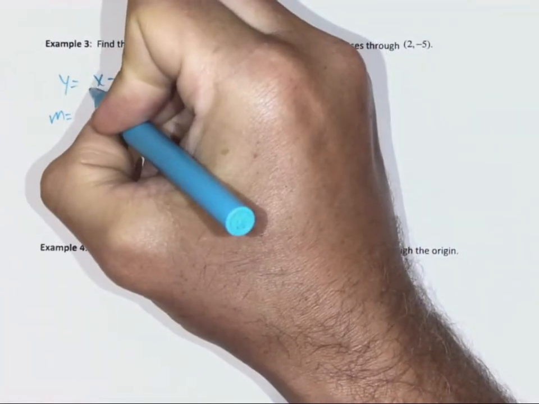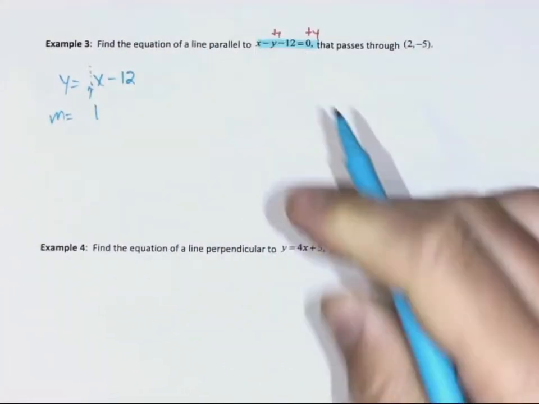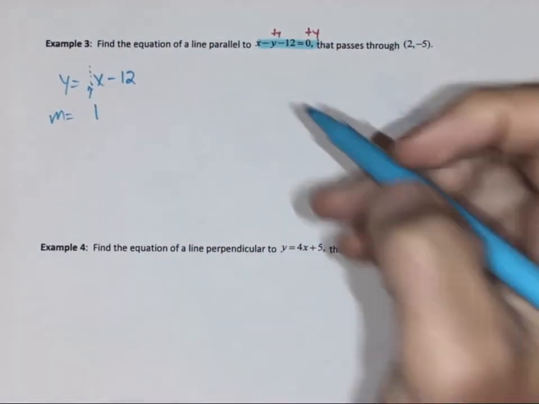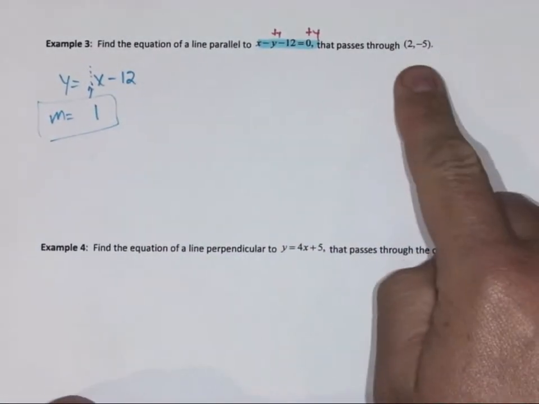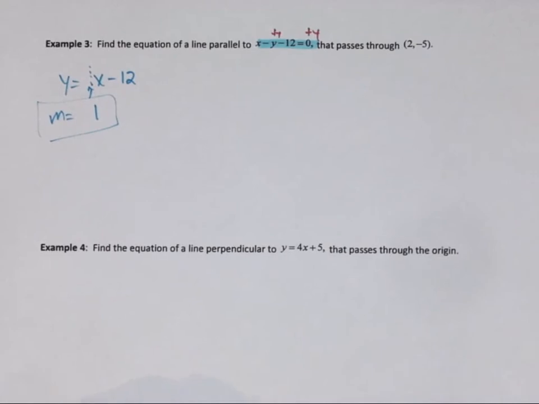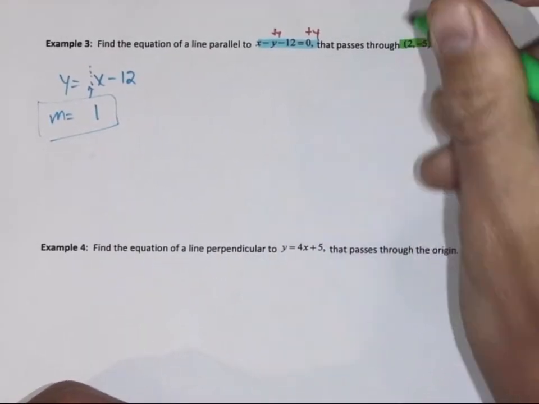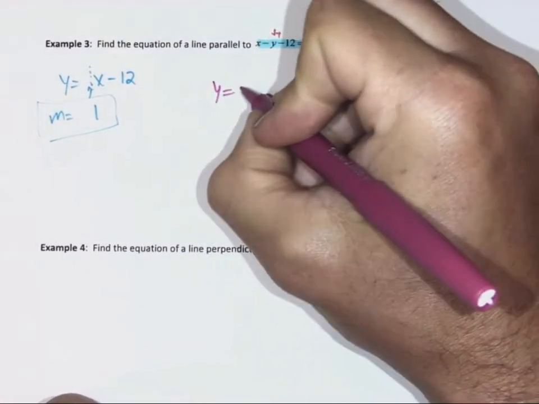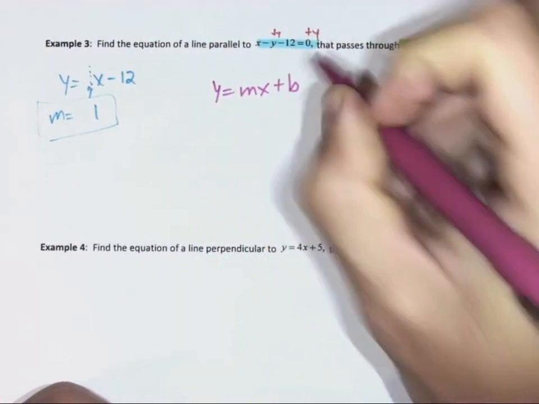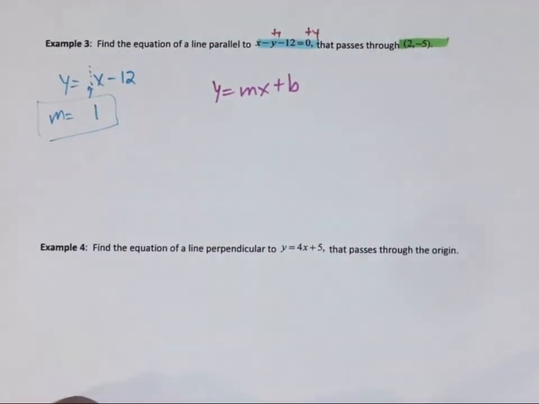There it is, right? The imaginary one in front of that. So it's going to be parallel, which means I'm going to use that slope. And if it passes through that point, I sub it into my equation of a line. Find my y-intercept.